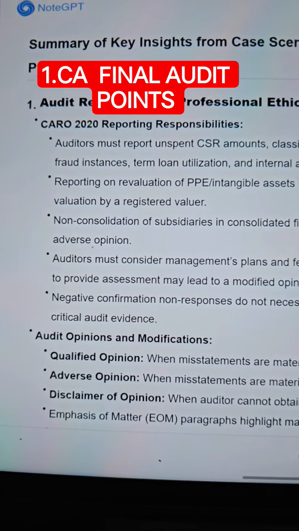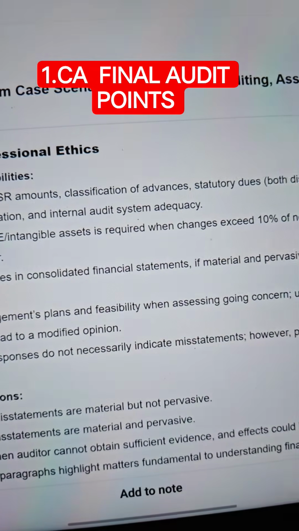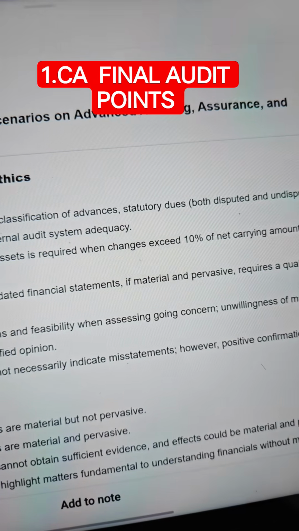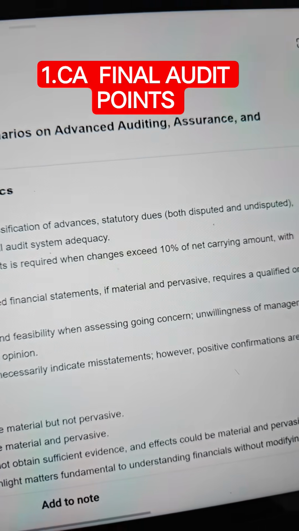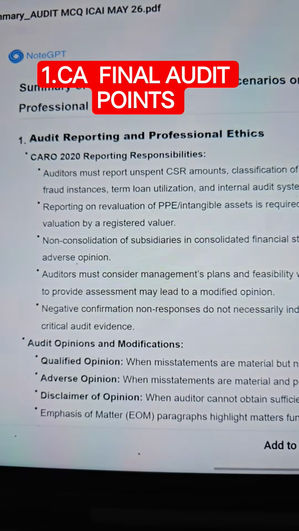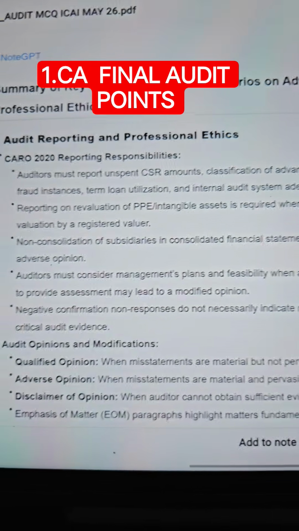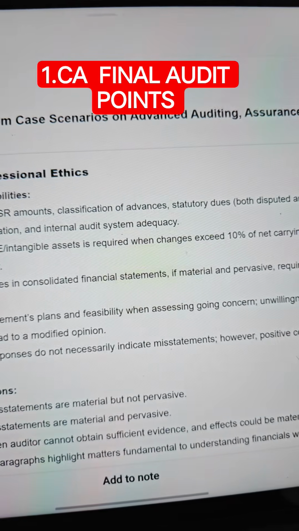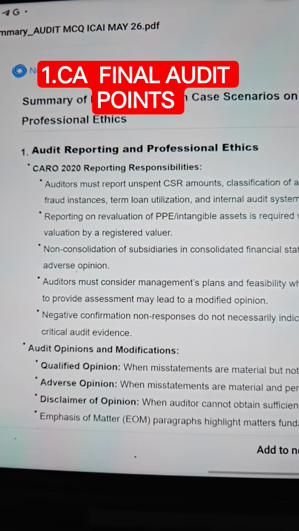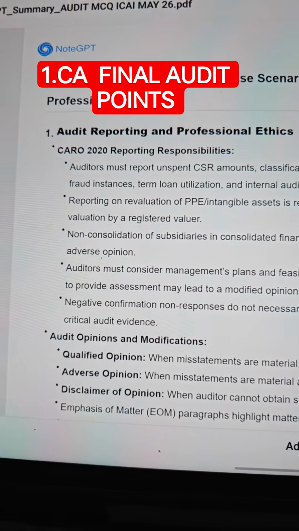Revaluation of PPE and intangible assets is required to be reported only if it exceeds 10% of the net carrying amount. The answer is net carrying amount, with a valuation by the registered valuer. And for non-consolidation of a subsidiary in the CFS, if it is material, a qualified or adverse opinion is required to be issued. These are the reporting requirements in the CARO.